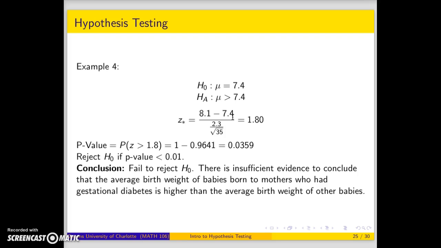And the alternative hypothesis here is greater than, so the p-value will be the probability that z is greater than 1.80. So whatever our alternative sign is here, that's what determines this sign as well.